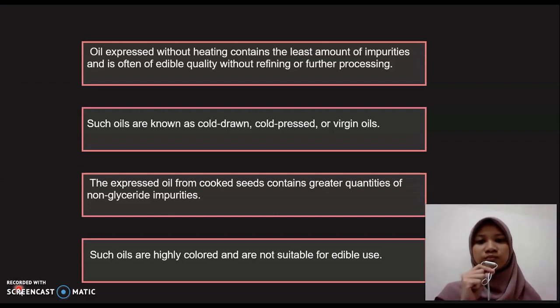And then expressed oil from cooked seed will contain greater quantities of non-glyceridic impurities such as phospholipid. Okay, you can refer to table 4.9 that I explained before. And then this oil will be highly colored and is not suitable for edible use.